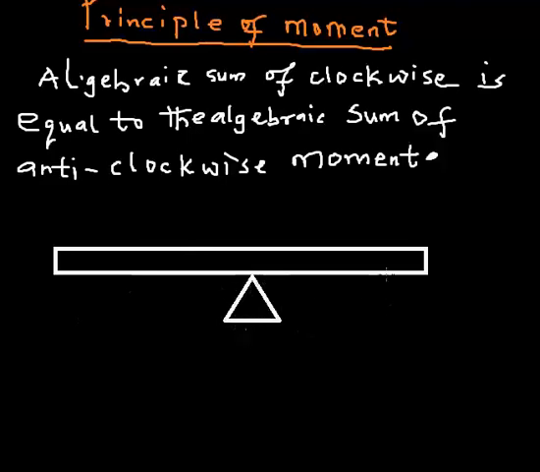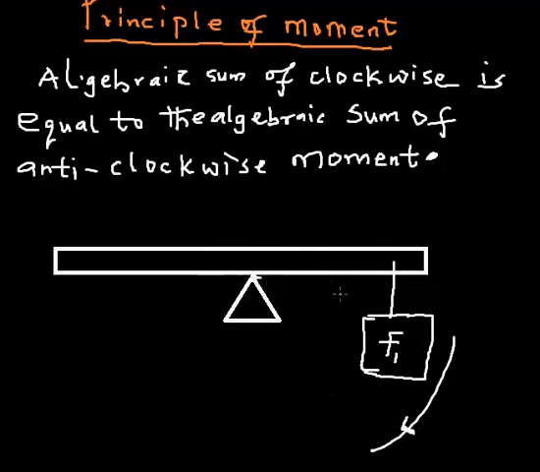But if I add a load at one side, let's say a force F1, you discover that this meter rule will no longer be balanced. Rather, it will tilt to the right. That tilting to the right is a rotation. It will rotate about this pivot in a clockwise direction.